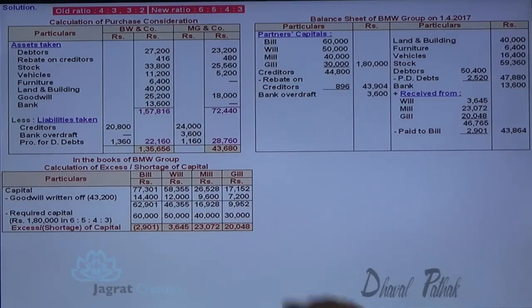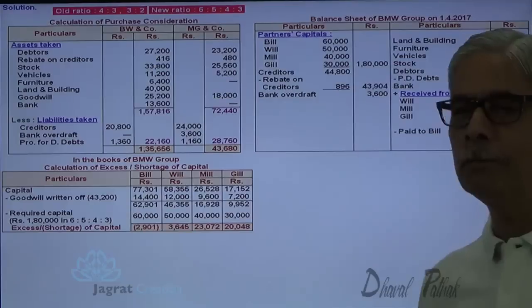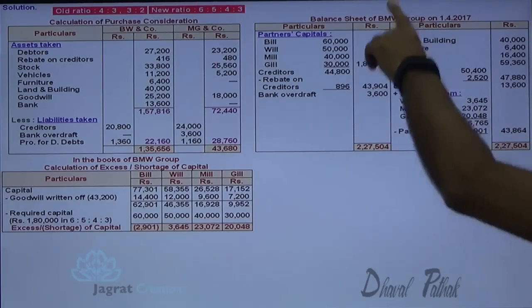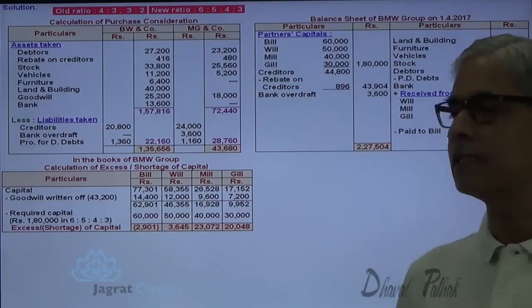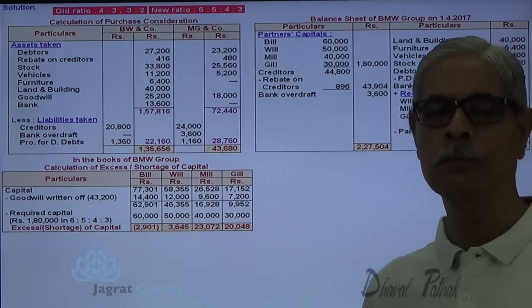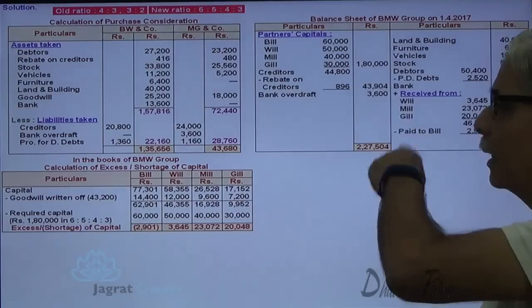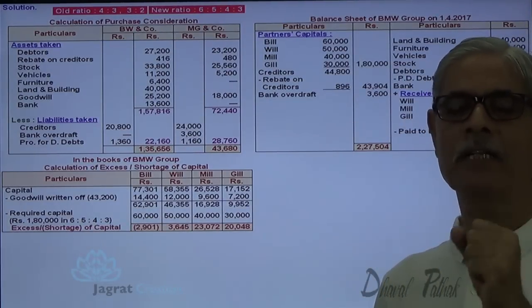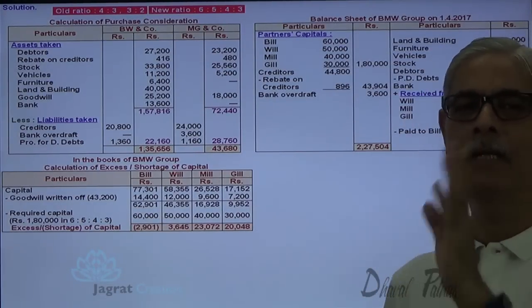This is how capital will be recorded in the balance sheet. Now after recording all these things, have a total of the balance sheet. Total of assets side is 2,27,504 and total of liability side is also 2,27,504. This is how the balance sheet of a purchasing firm, the new partnership firm that comes into existence, is prepared.